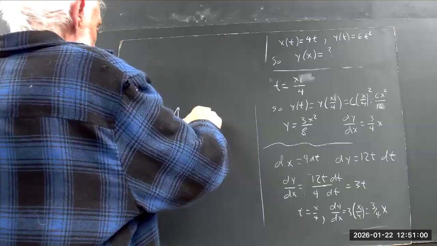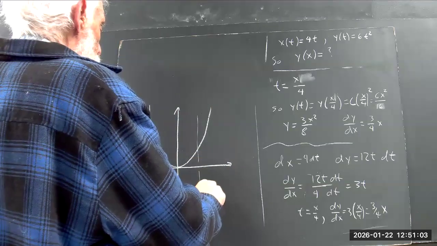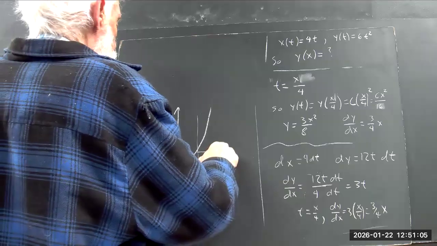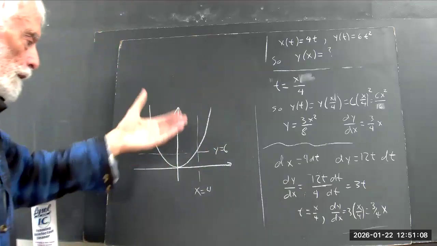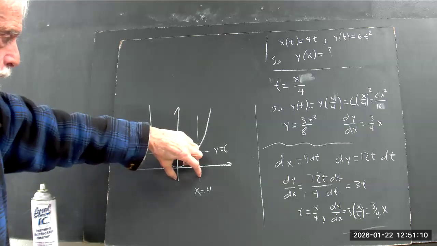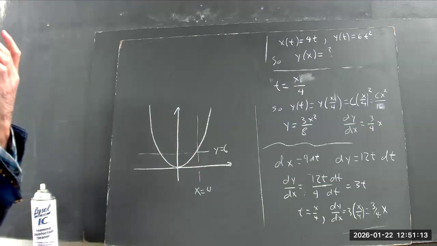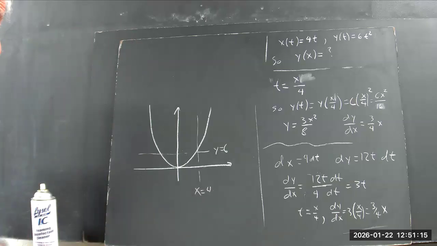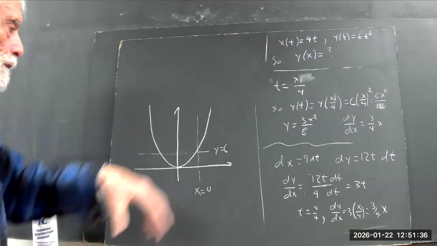So let's see, if here's x equals 4, here's y equals 6. We don't have equal scales here. 4 on the x-axis is bigger than 6 on the y-axis. So the scales kind of compress.